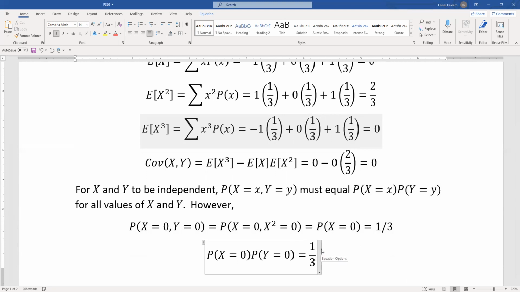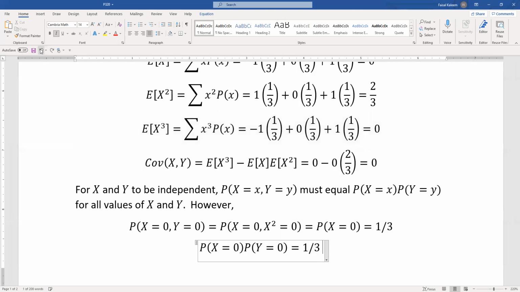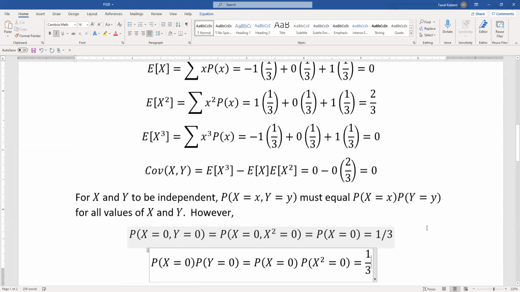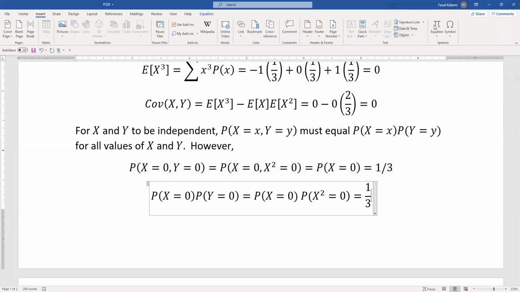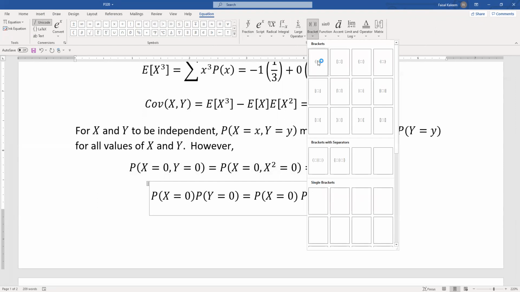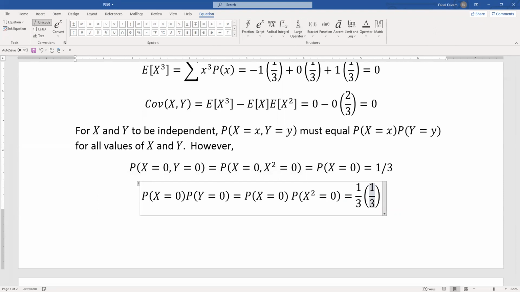The probability x squared is equal to 0 is also 1/3. So this ends up being 1/9.